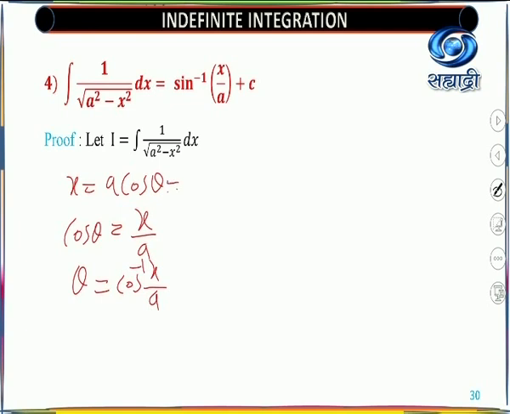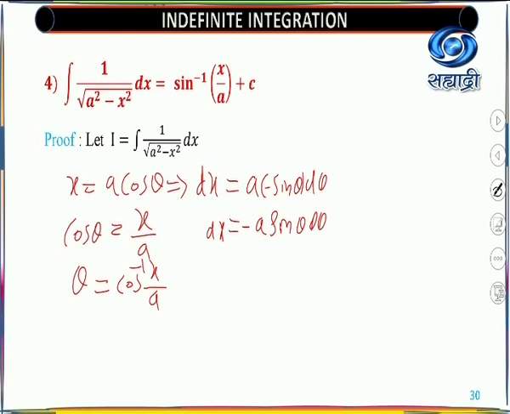And what will be the derivative? Derivative gives you dx equal to a minus sine theta d theta, which means minus a sine theta d theta. This is your derivative after differentiation.